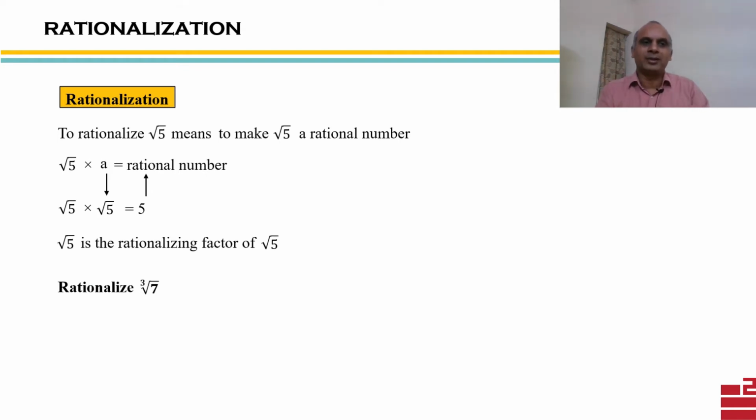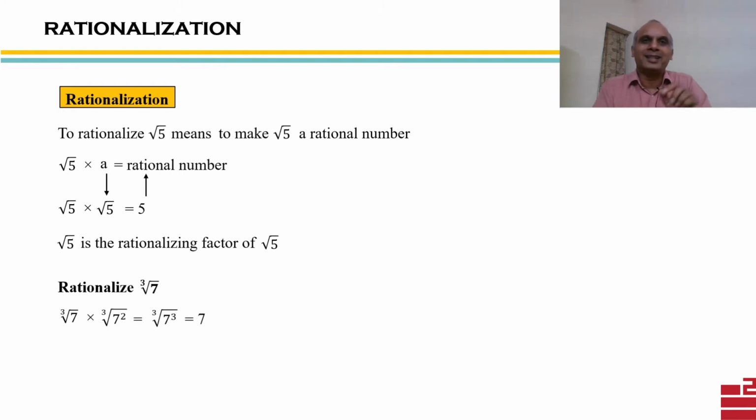So if I have to rationalize cube root of 7, now I should multiply this by what number to result in a rational number? Should I multiply this by cube root of 7? Will that result in a rational number? No. So what do we do? We should multiply it with cube root of 7 square to result in cube root of 7 cube, and the cube root will cancel out to give me 7, which we know is a rational number.